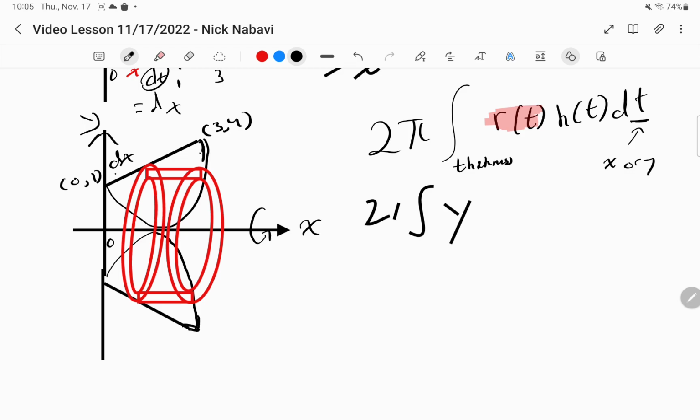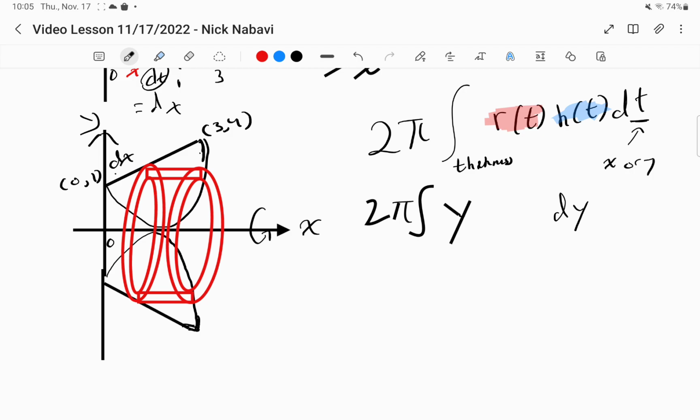And now we're going to have to get to the height. Before we get to height, we know it's going to be dy, and we know that the bounds are going to be over y.